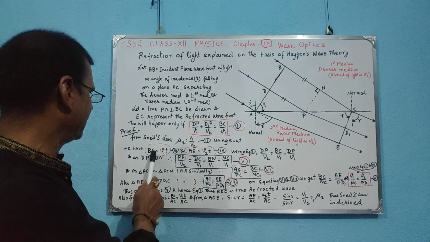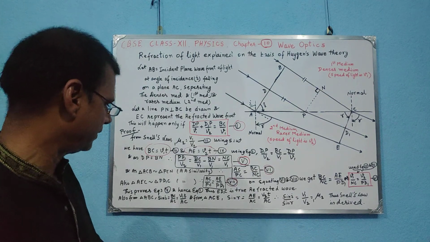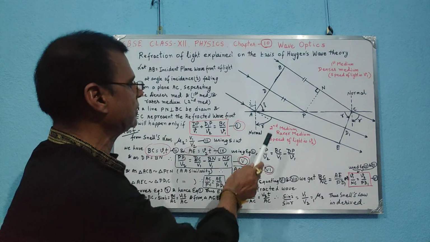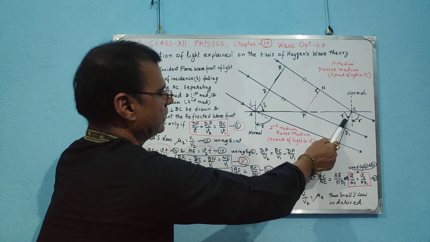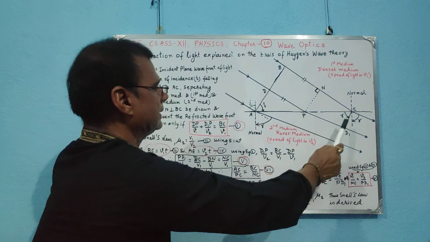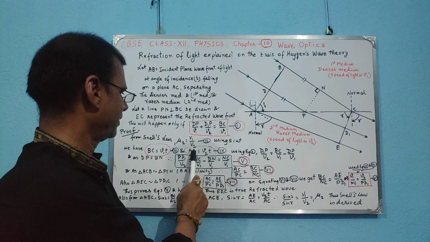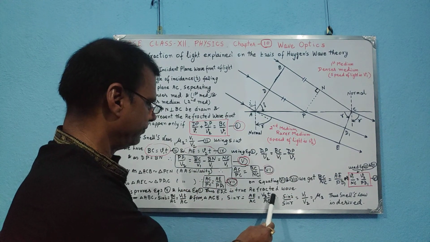For BC we can write V1 into T, so we get sin i equal to V1T by AC. And from triangle ACE, sin r is equal to perpendicular, that is AE, divided by hypotenuse, that is AC. For AE we can write V2T, and therefore sin r equals V2T by AC.